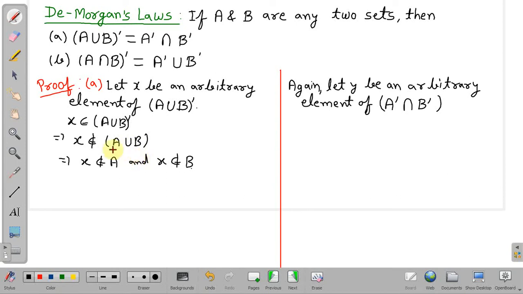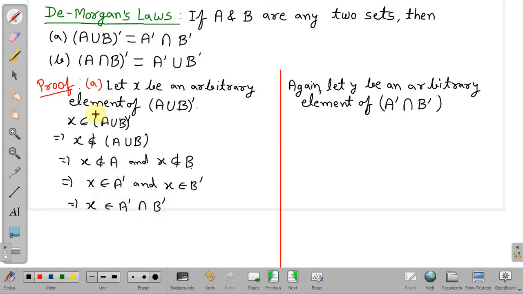This is because if x is not an element of A union B, it should be neither in A nor in B. So it will be and. Okay. So don't get confused. So x is an element of A complement and x is an element of B complement. So this we can write as x is an element of A complement intersection B complement.